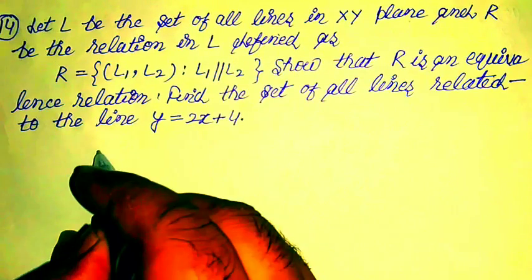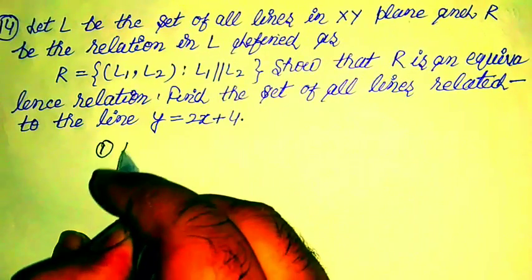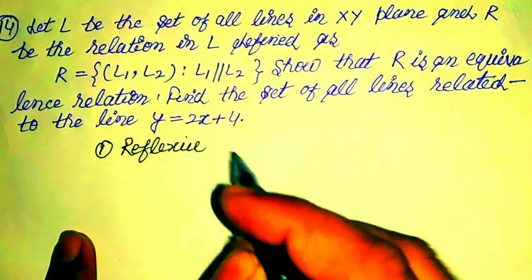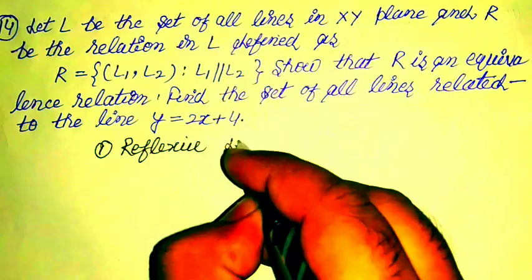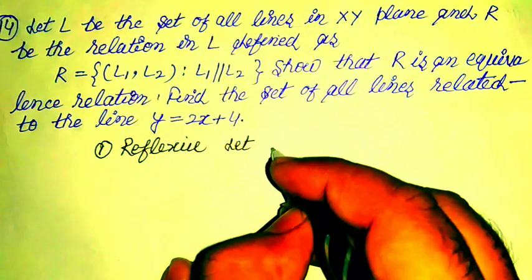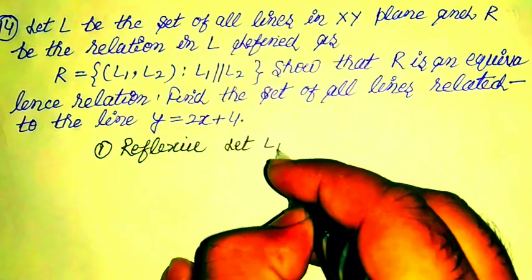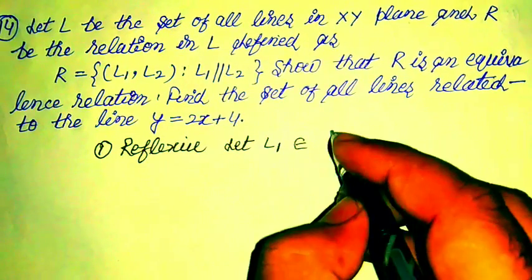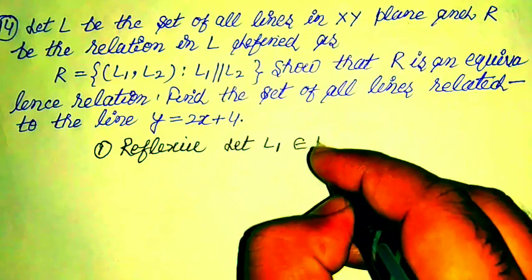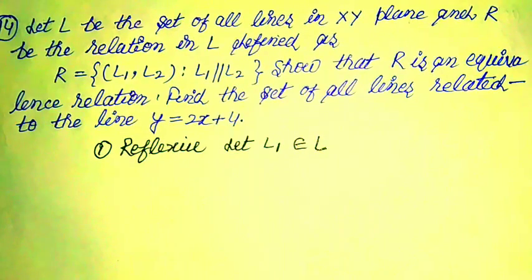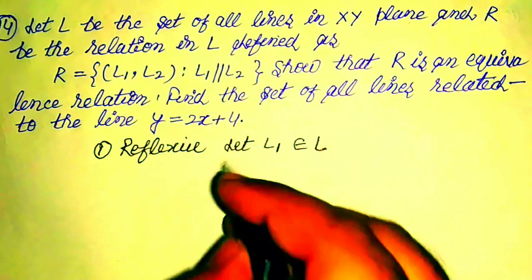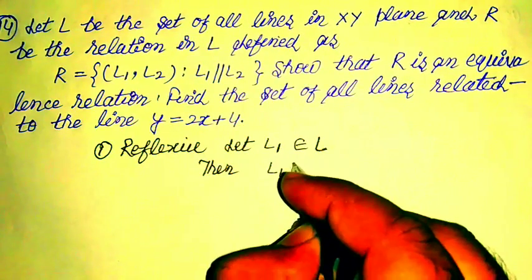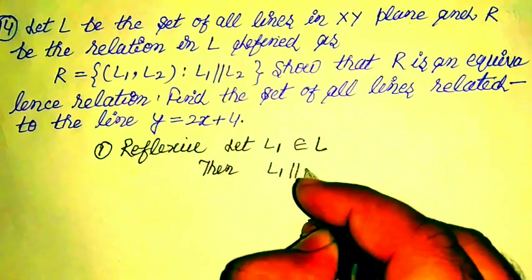Now for reflexive, let's see. First, let L1 belong to L, because L is the set of all lines in a plane. Then L1 is parallel to L1.